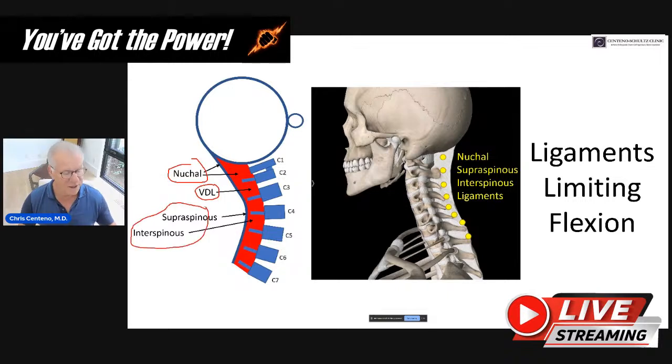And normally we're hitting those pretty routinely in all PICL procedures. And those are going to be involved in things like a type 3A instability, where you've got too much motion of C2 on C3 in flexion. So C2 is moving forward on C3.